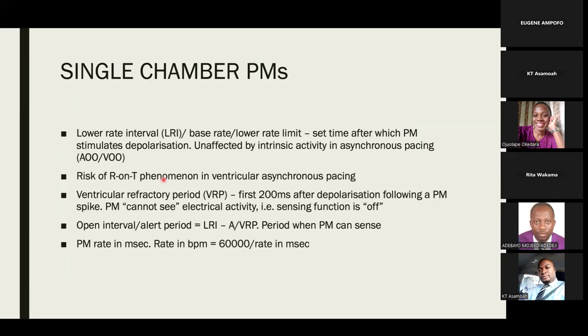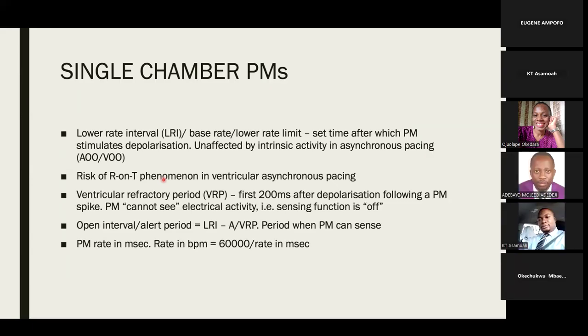So similarly, when you deliver a pacing impulse and it coincides with the T wave, that's for ventricular pacing, it can degenerate into ventricular fibrillation. So that is a major problem of the asynchronous single chamber pacing. Well, whether it's single or dual, that's the challenge with asynchronous pacing.